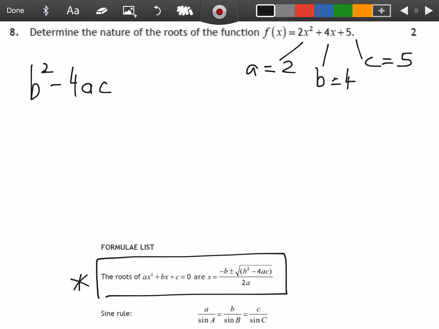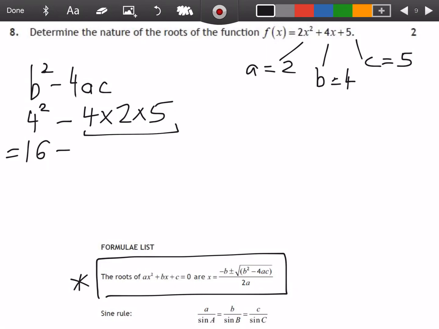And we're subbing the numbers into b squared minus 4ac. 4 squared, take away. 4ac means 4 times a times c. Put the numbers in. 4 squared, 16, take away 4 times 2 times 5, non-calculator, remember. 4 twos are 8 times 5 is 40. Okay, 16 take away 40 is negative 24.